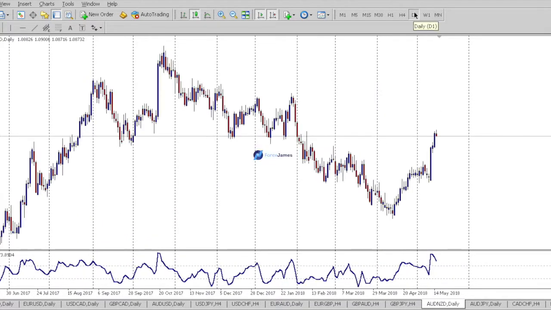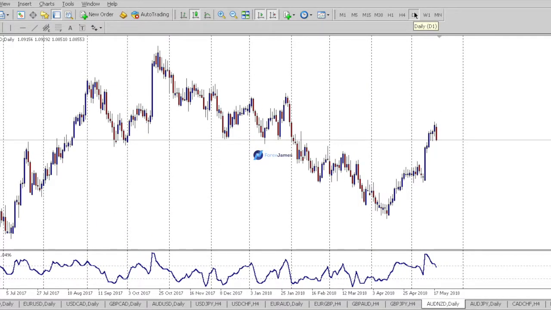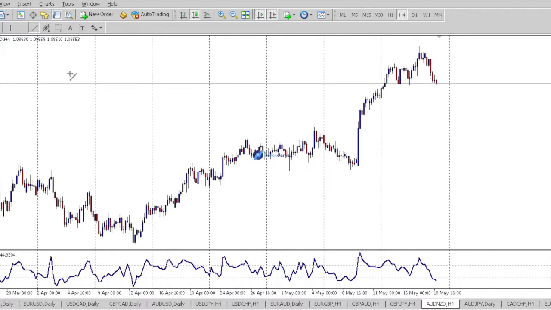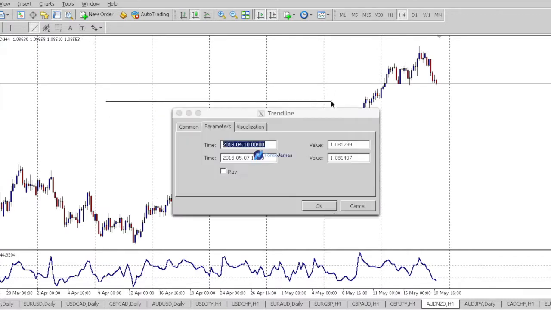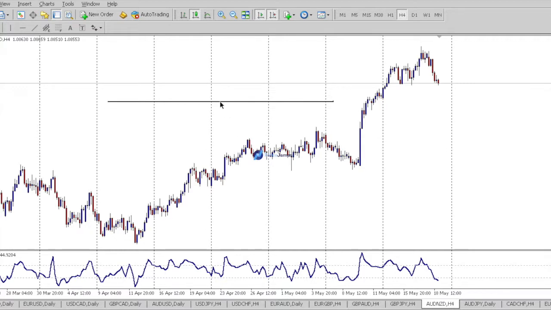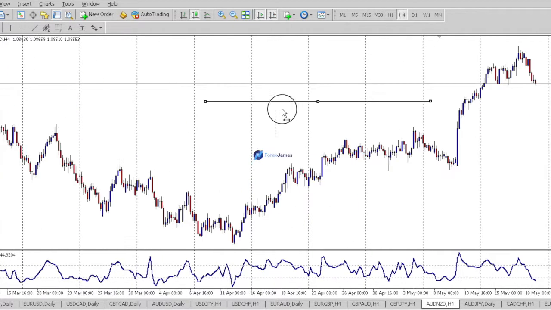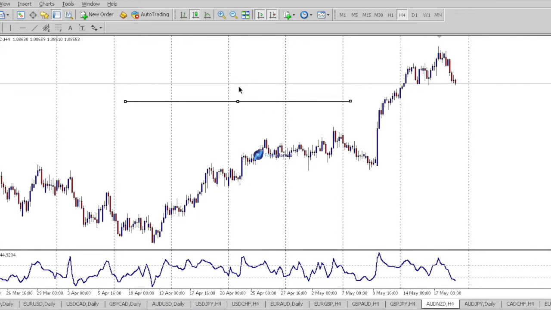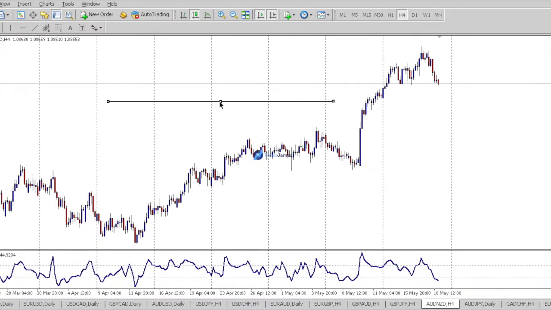Aussie Kiwi. Alright, some correction here. See, this is like the first red candle after probably what, 7 days. So it should fall into a range. We're in a range already.